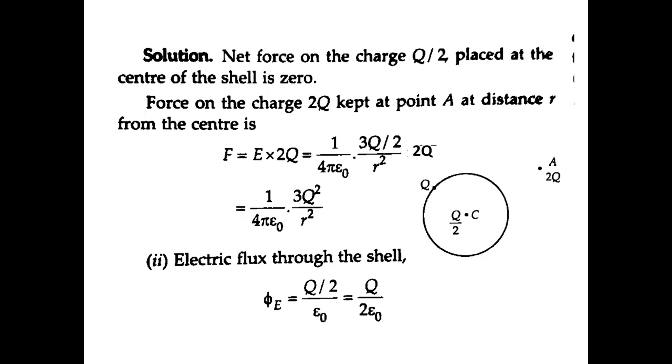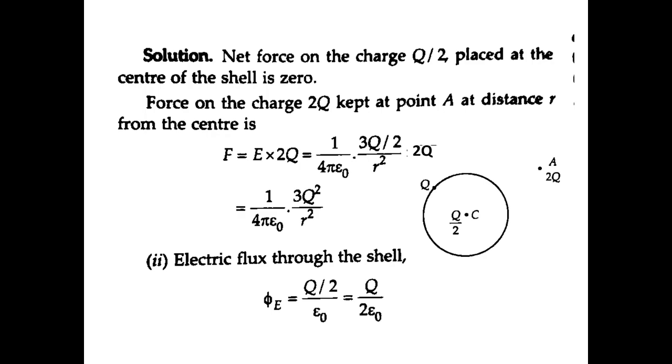Now here we have to replace the value of E. So the value of E is 1 by 4 pi epsilon naught 3q by 2 by r square, because the net charge on the surface of the shell is 3q by 2, and we find the electric field at a point A which is outside the shell. In this case we can use the Gauss theorem to find the electric field at point A. Now F equal to 1 by 4 pi epsilon naught 3q square by r square.